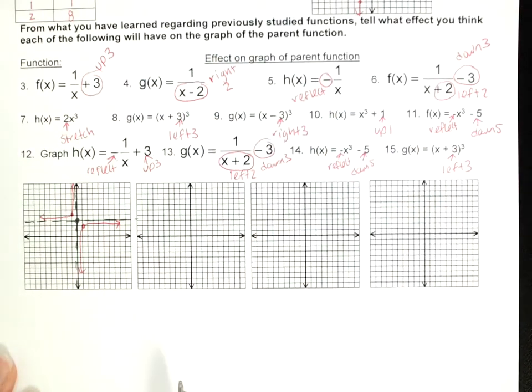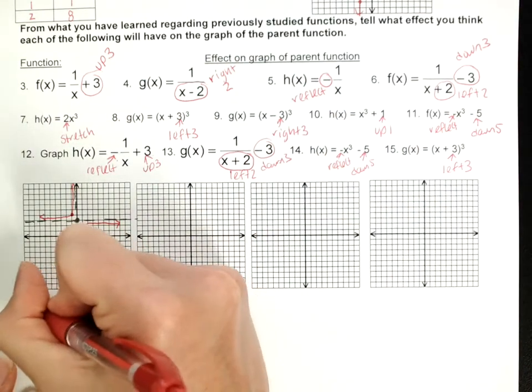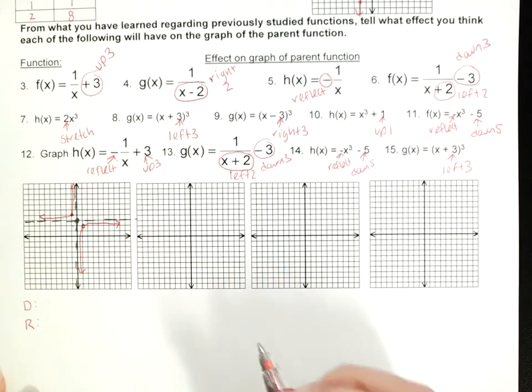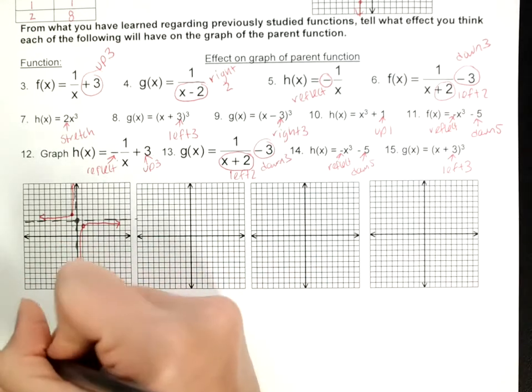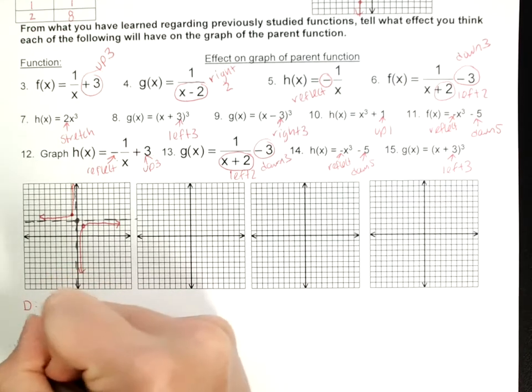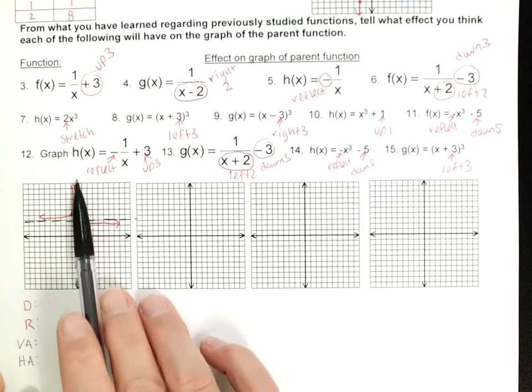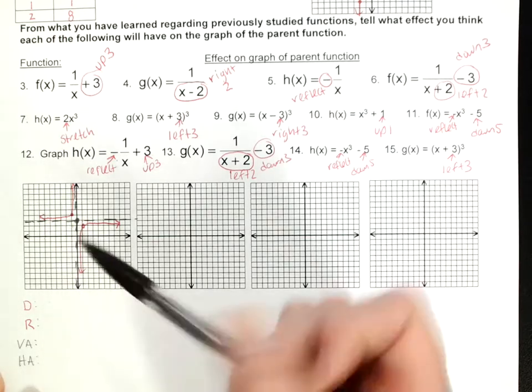This page didn't specifically ask for it, but let's talk about our domain and our range. And just for kicks, let's also talk about the vertical asymptote and the horizontal asymptote. Looking at this graph, remember the vertical line we drew right here is still at x equals 0.